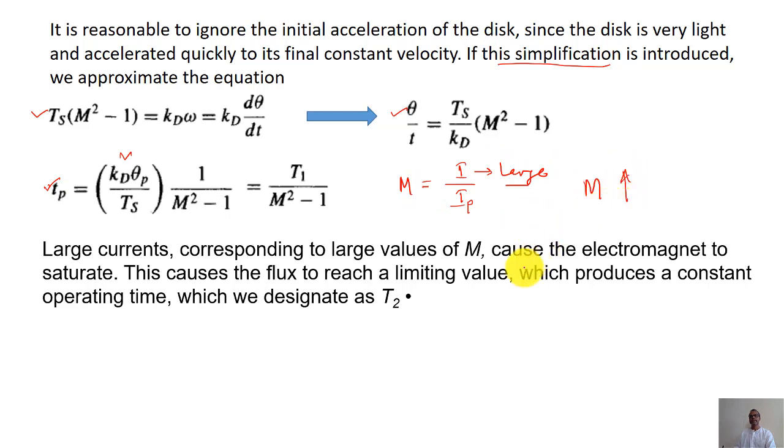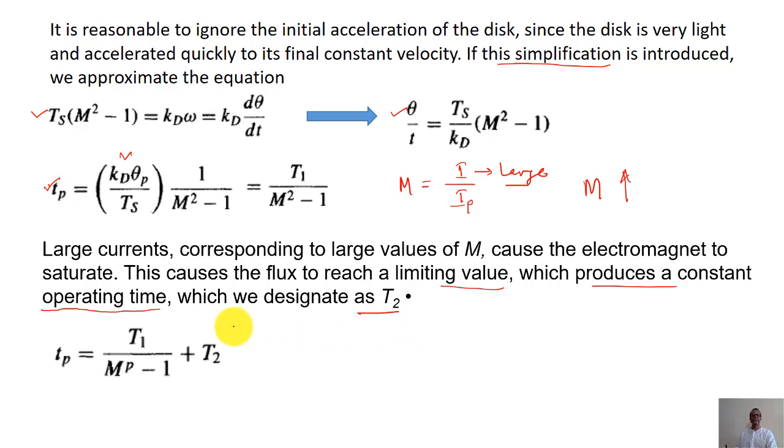So that will cause the electromagnet to saturate, and this causes the flux to reach a limiting value, because we know the magnetization curve of any electromagnet saturates after some time, which produces a constant operating time. Then it finally approaches a constant operating time, which let us designate as T2.